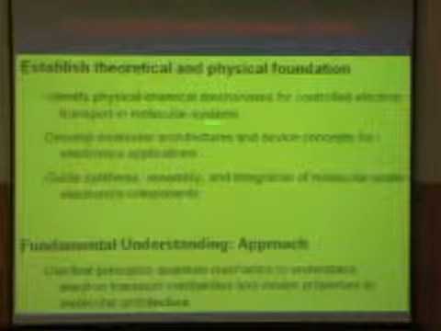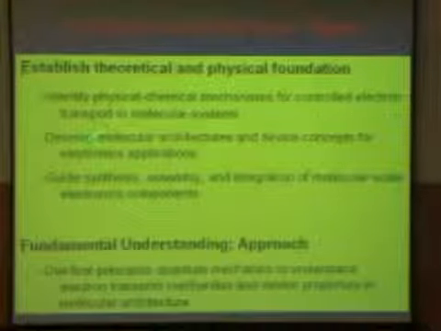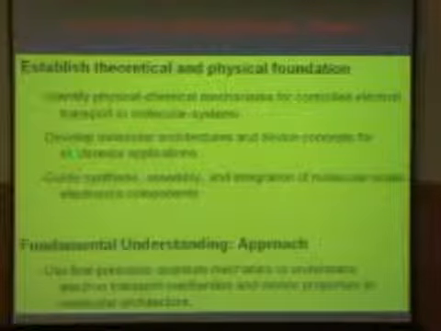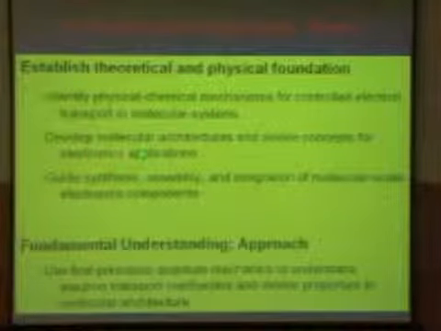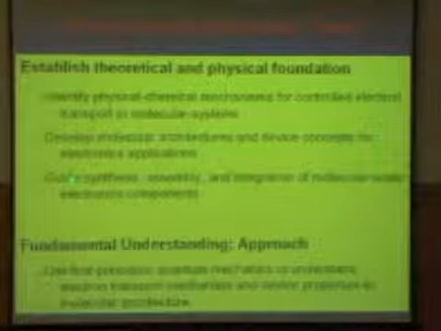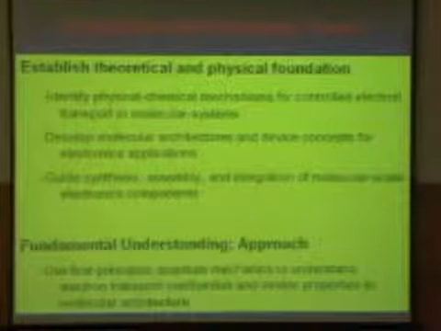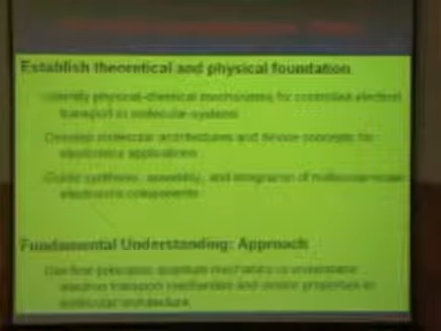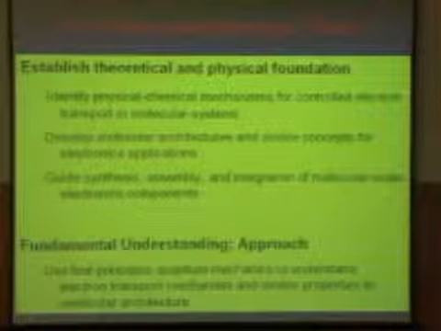So what are our goals? Using our theoretical tools, we want to identify physical and chemical mechanisms for controlled electron transport in these systems. We would like to develop and predict the properties of molecular architectures and then guide, because this is to tell the experimentalist what are the best or what are the worst cases.